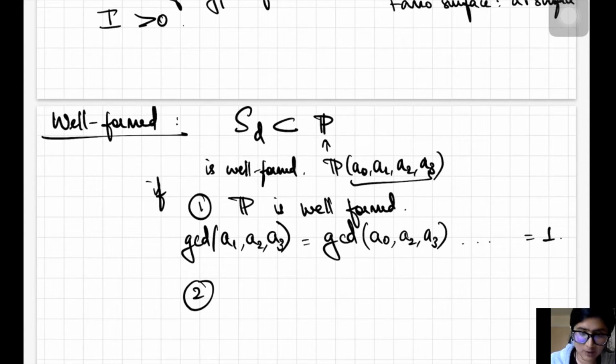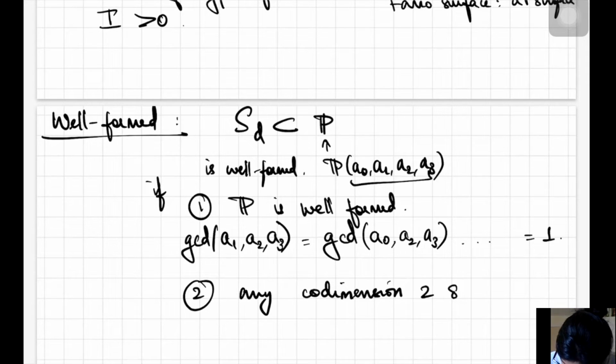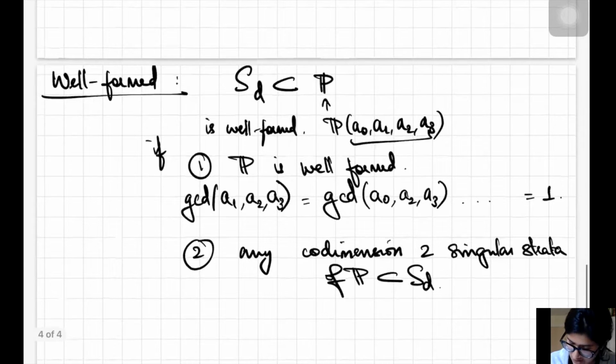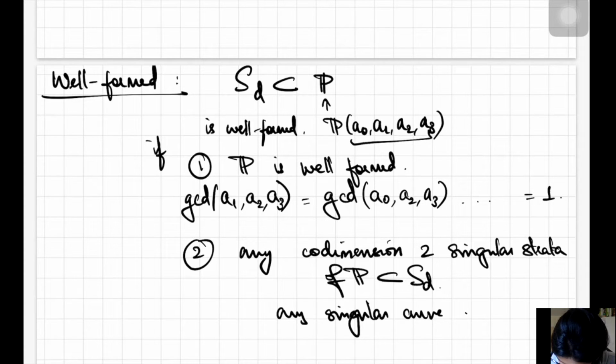You want P to be well formed, but also you do not want any codimension 2 singular strata of P to be in S_D. In our case this only means that we do not want any singular curve of your weighted projective space to be in your surface.